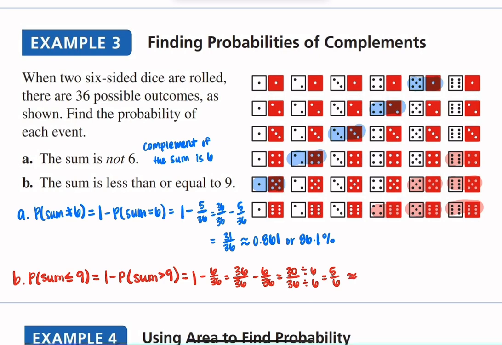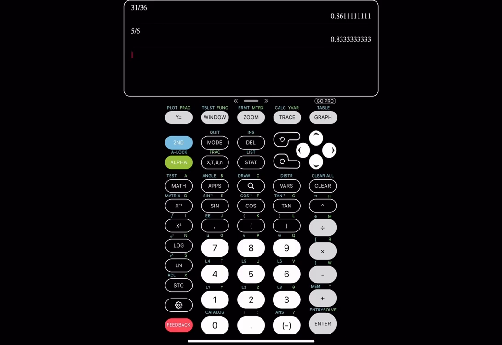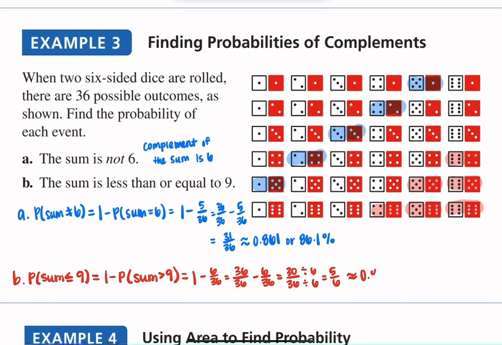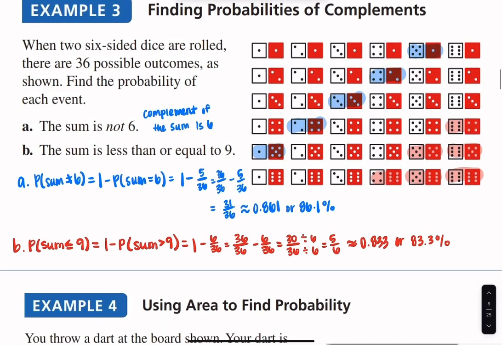Or we can find the decimal, so 5 divided by 6 is 0.83333. So about 0.833 or 83.3%. Okay, so those are complements.